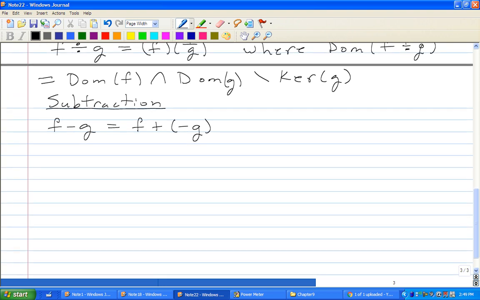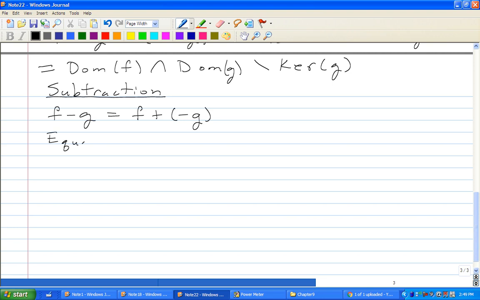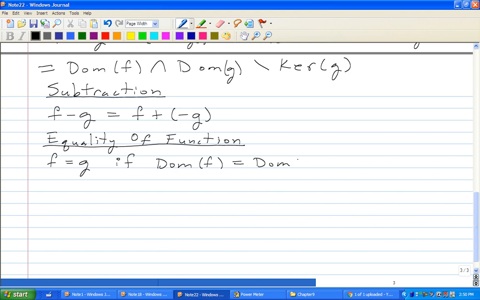Equality of functions. f is equal to g if the domain of f is the same as the domain of g and f of x is equal to g of x for all x in the domain of f, or g, it doesn't really matter because they're the same thing.